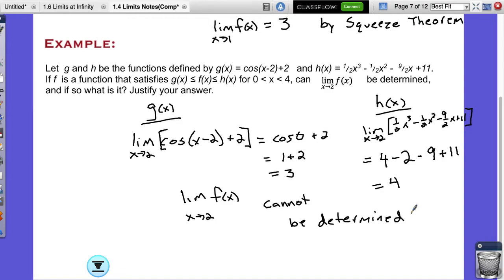Those two have to be the same. Does it mean that the limit doesn't exist, or that we just can't find it? It just means maybe those two functions were bad functions. Let me find two other functions that would also do the same thing. There's just basically not enough information.